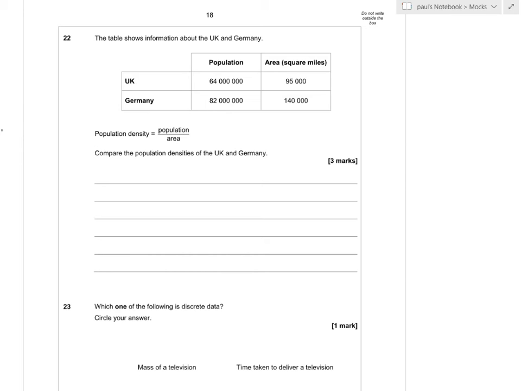So UK is 64 million divided by 95,000, and Germany is 82 million divided by 140,000.